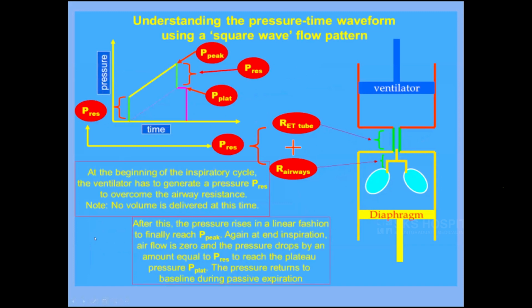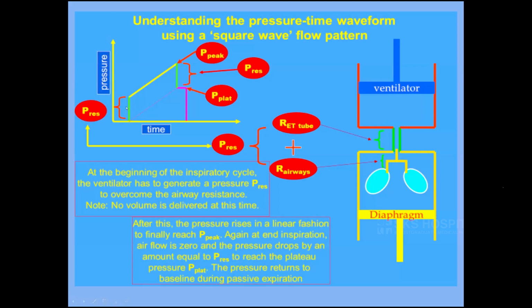Looking at a typical pressure time scalar, I would like to draw attention to the green aspect of it. That would be the initial resistance offered by the upper airways. It could be the endotracheal tube or the upper airways of the lungs per se.